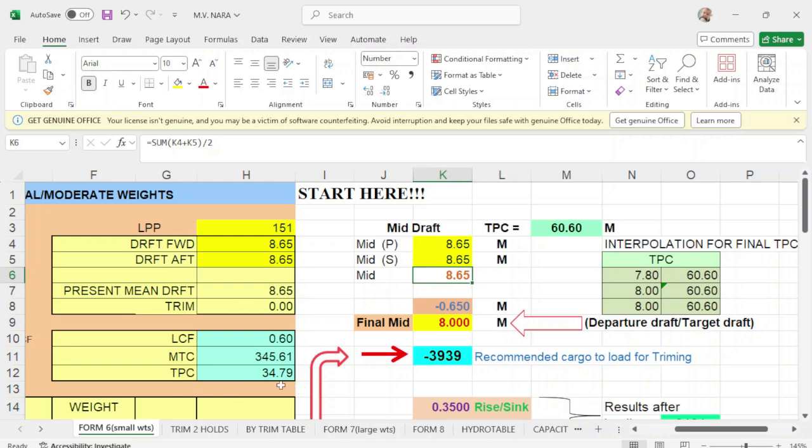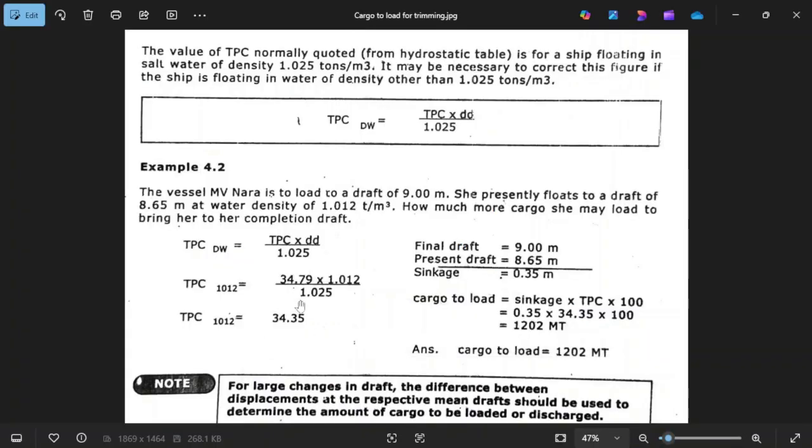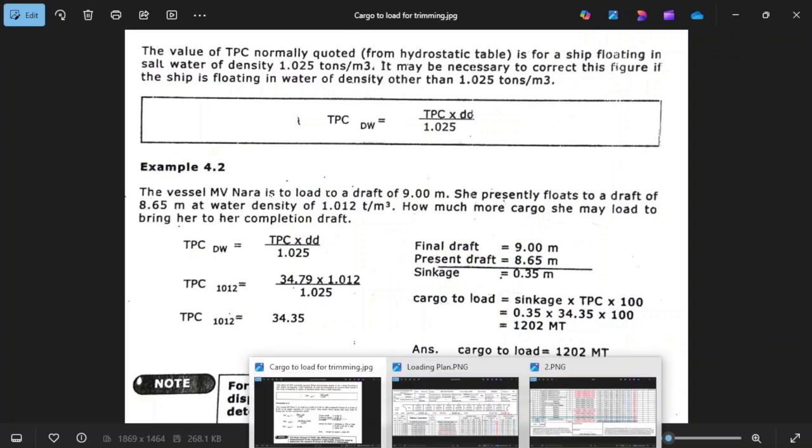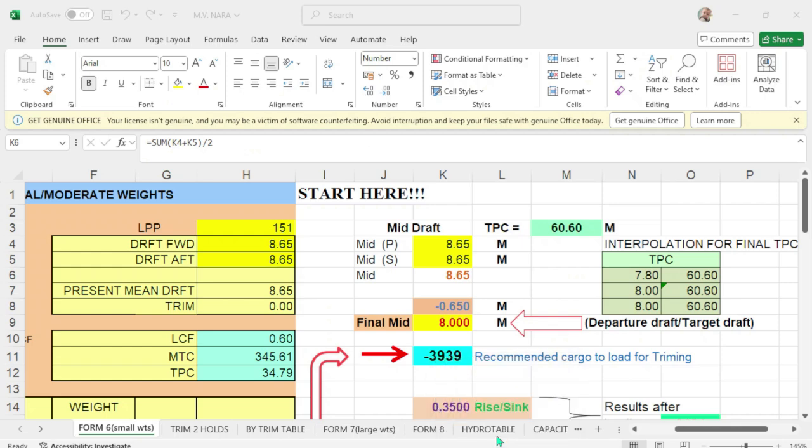Let's check. 34.79. Okay, so it is from your present draft when you stop loading, and that will be your TPC of 34.79. Okay, and your 9 meters will be your final departure draft.